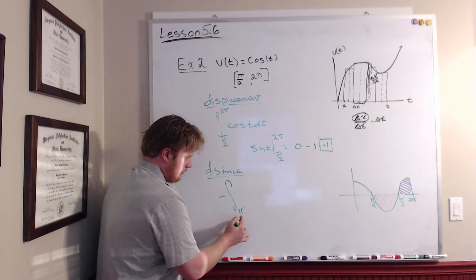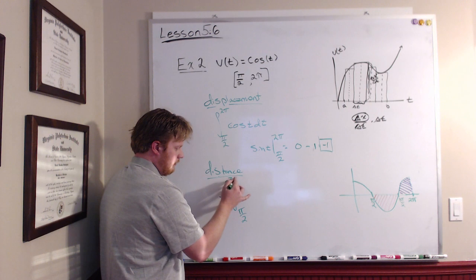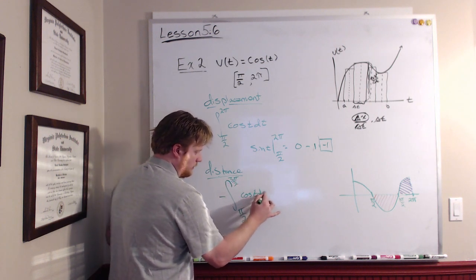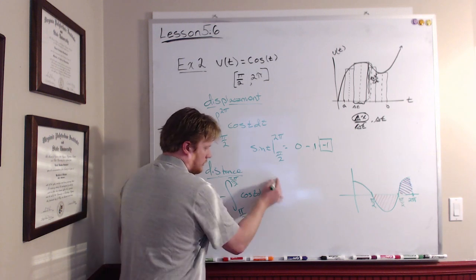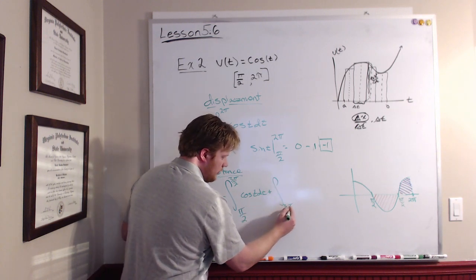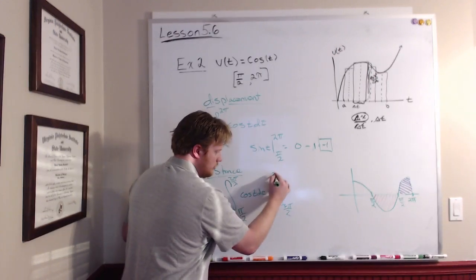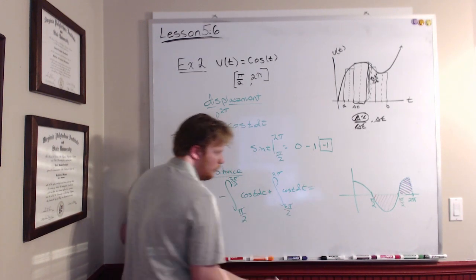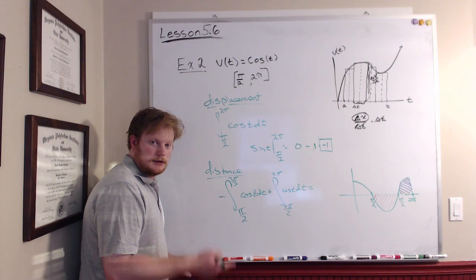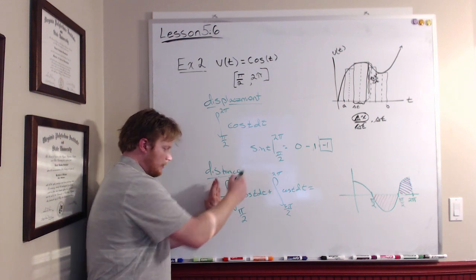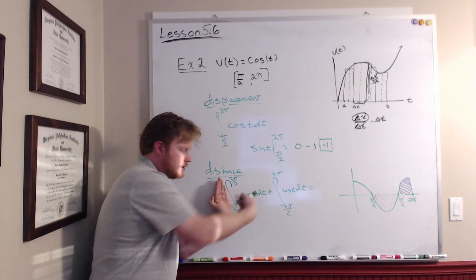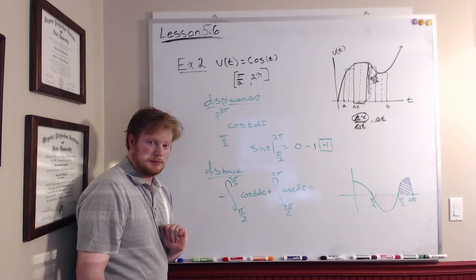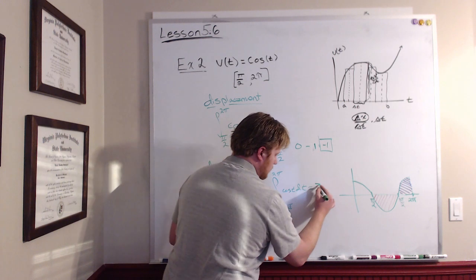So negative the integral from pi over 2 to 3 pi over 2 of cosine t dt, plus the integral from 3 pi over 2 to 2 pi of cosine t dt will give me the total distance traveled. Without that negative sign, this is going to be -2. With it, it becomes positive. So I get my total distance to be 3.